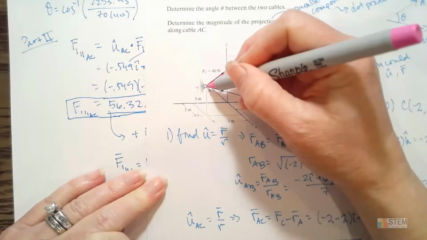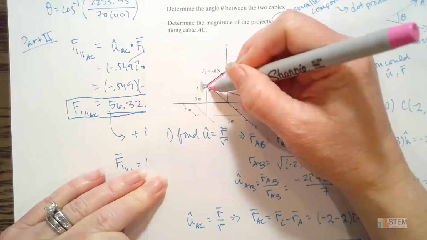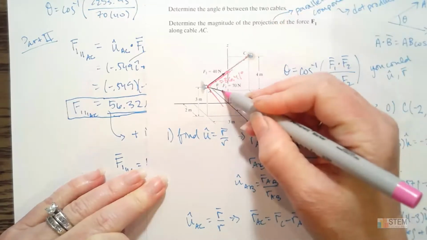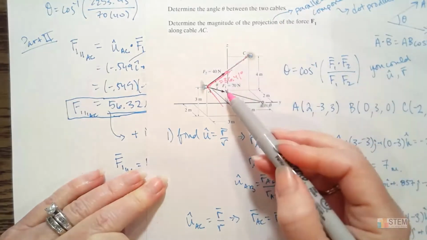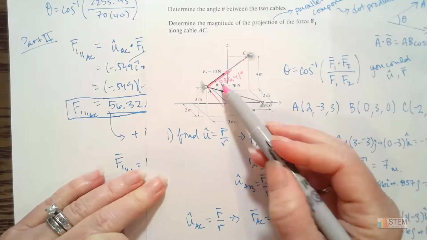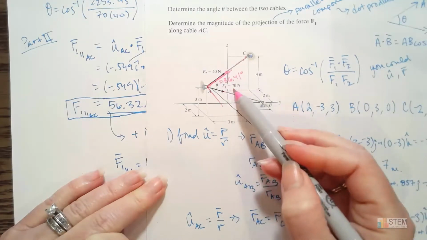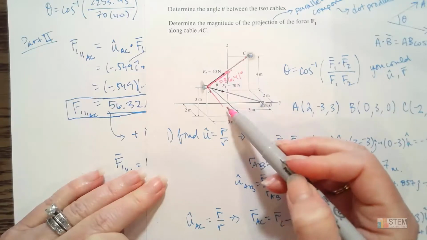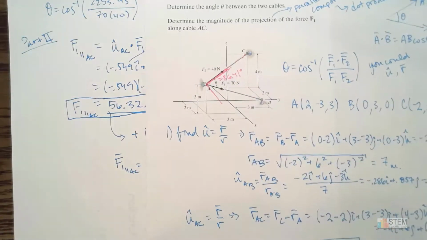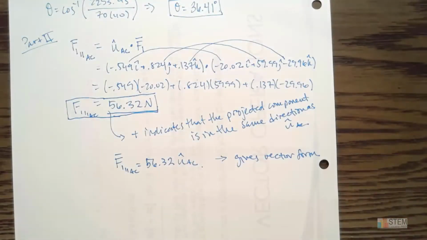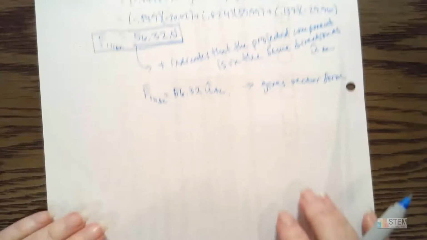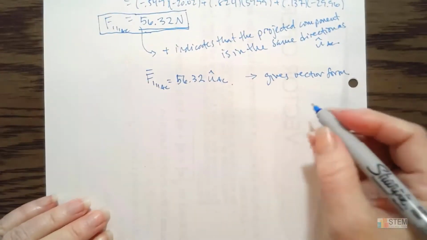Now, if you think about it, if you were to break up F1 into components like this, could we not also say that this component right here is F1, which is 70 times cosine 36.41? We could, right? So if you've already found the angle, it's real easy to find that parallel component or the projection along that line.